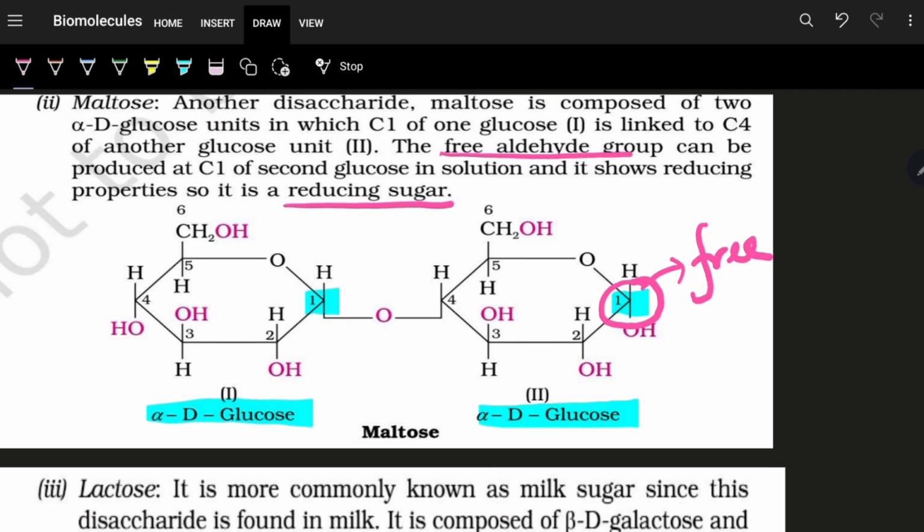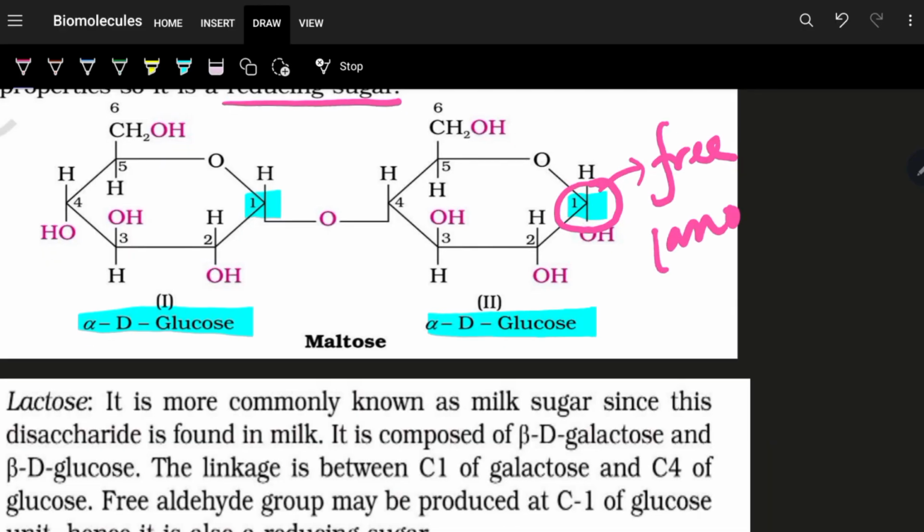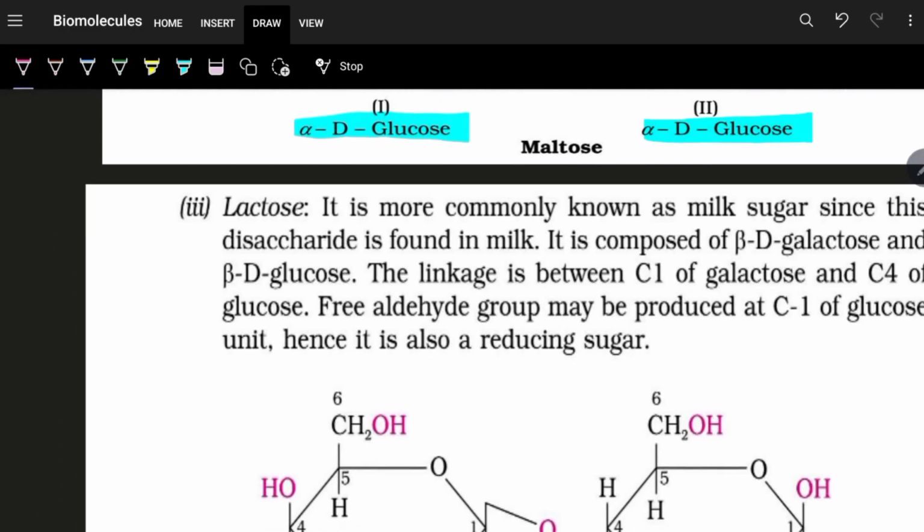Because of the free aldehyde group that is present in C1, the anomeric carbon is free. So do mention that the anomeric carbon of alpha-D-glucose in one of the units is non-bonded or free, and so it can reduce Tollens or Fehling solution.